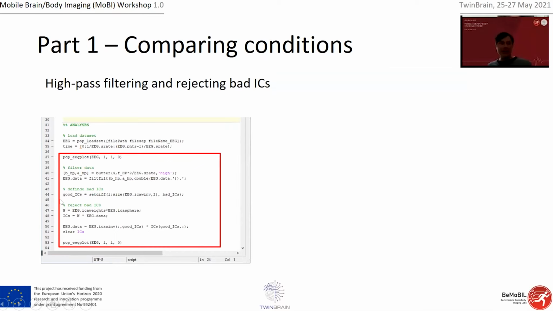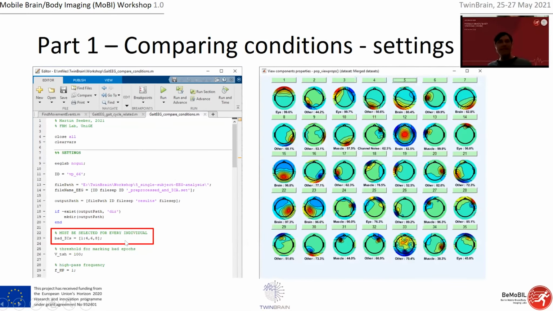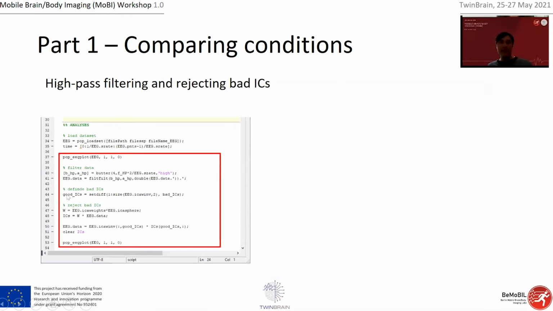I also defined in the settings what the bad ICs are, and then I said everything is good except the bad ones. And then here I just do the IC back and forward and back projection, and in the end I end up with this clean EEG data here. It's a very standard procedure.